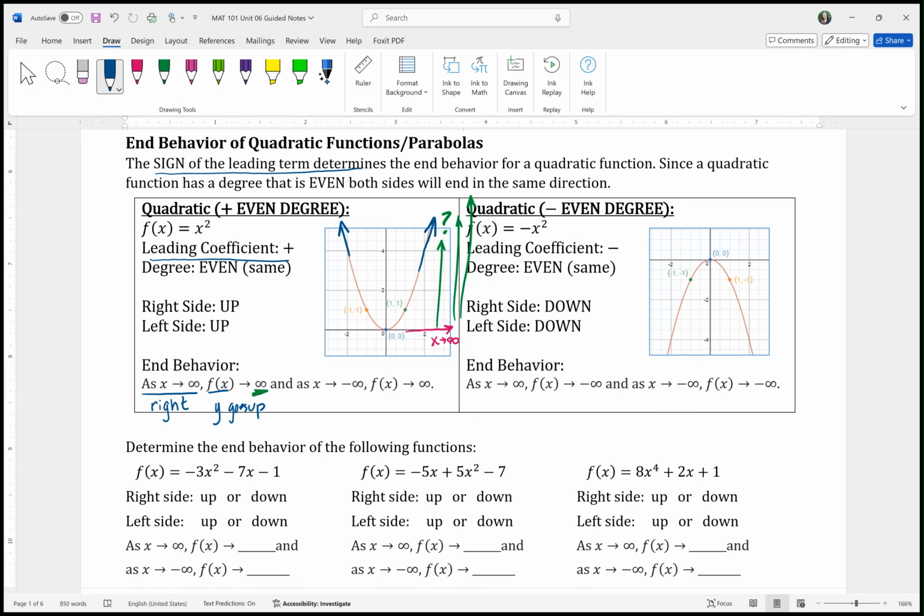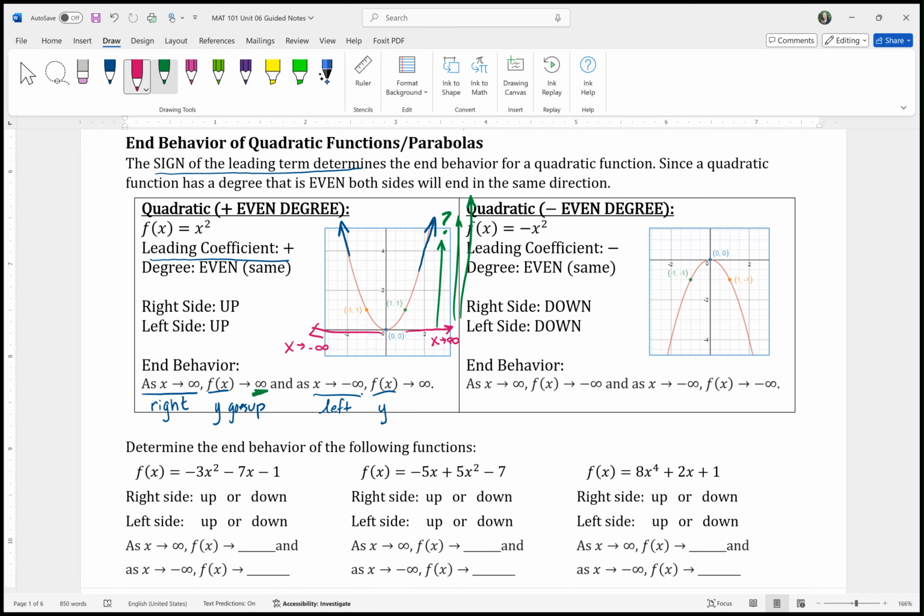Let's look at our next statement here. As x goes to negative infinity, where's negative infinity on a number line? That's going to be going left. So as we go to the left, what is y doing? Let's look at the graph here. As we go to the left, that's x going to negative infinity, because this is the negative infinity direction.